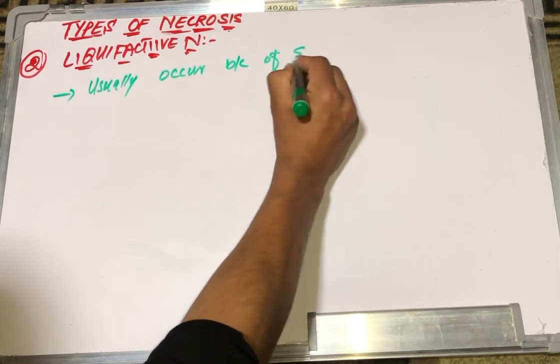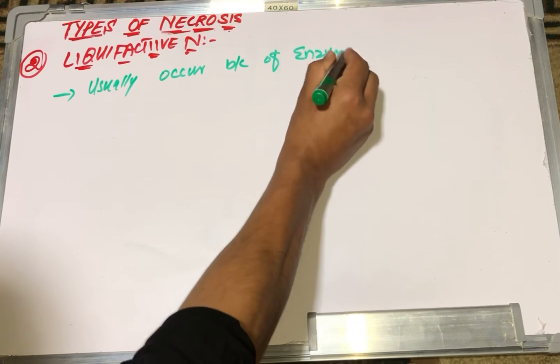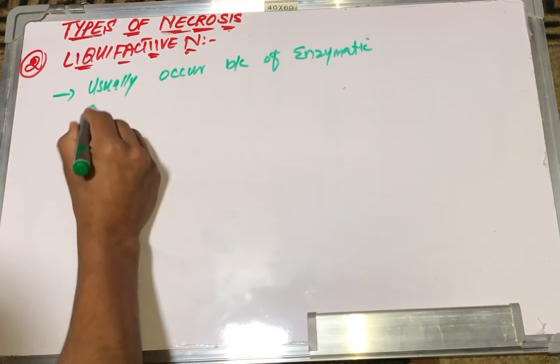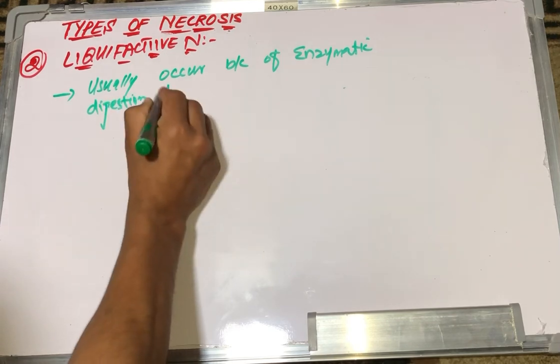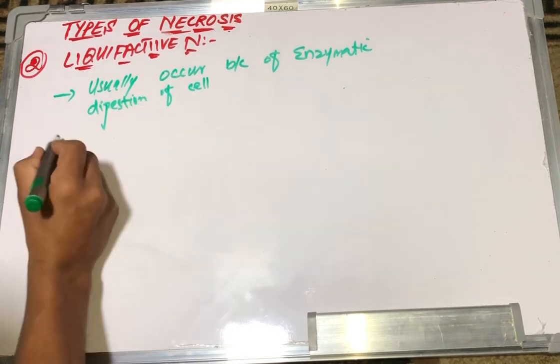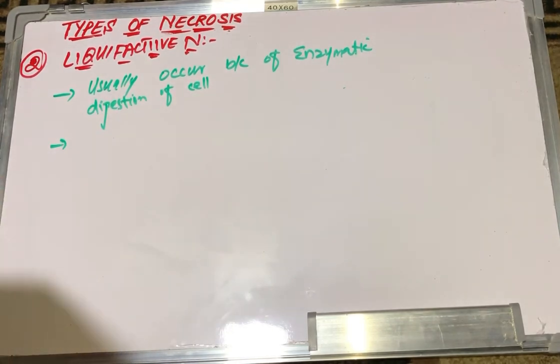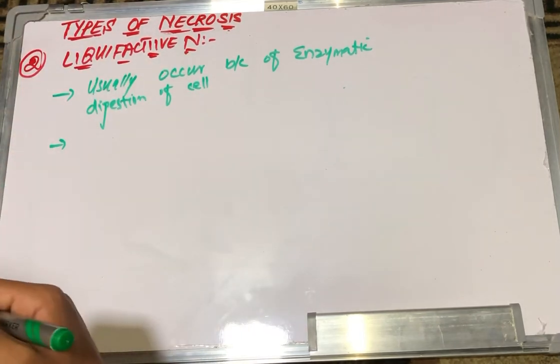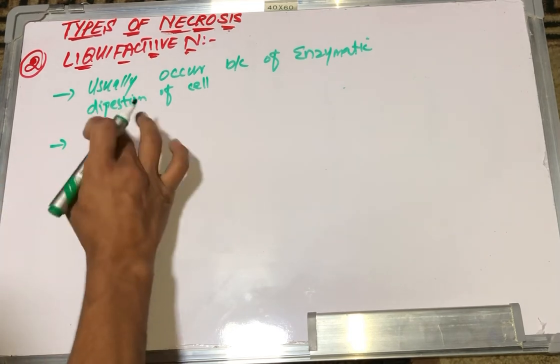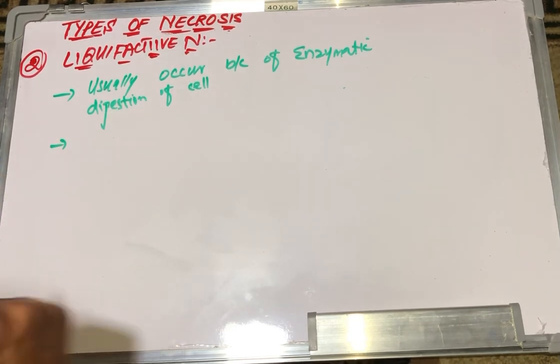As we already said, when the cell membrane is damaged, the enzymes inside the cells come out and eat the cellular debris.